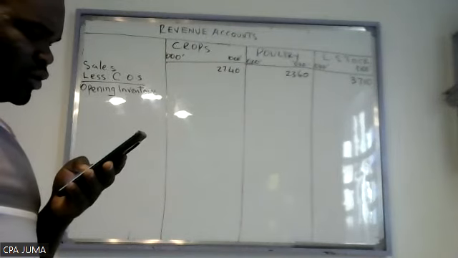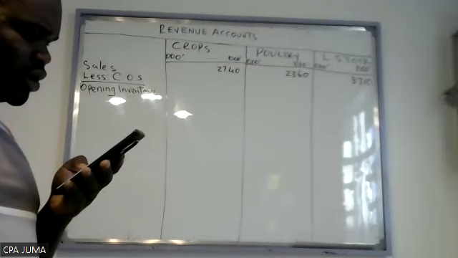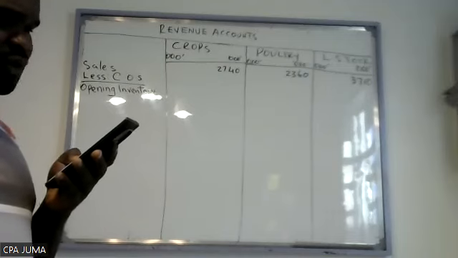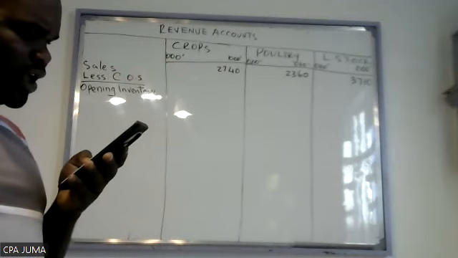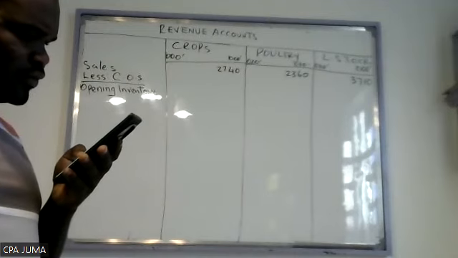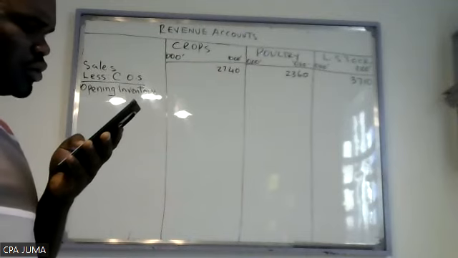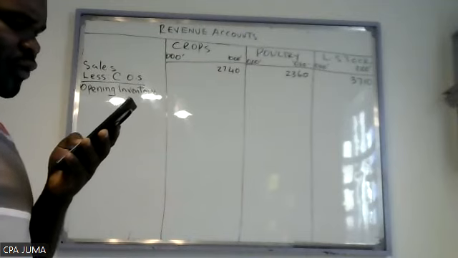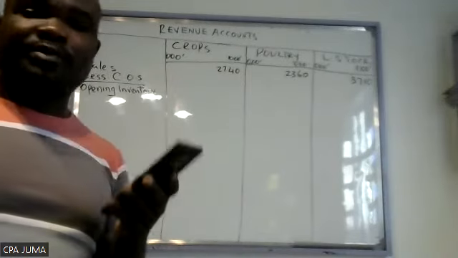Fertilizers 50. Poultry, dairy. These are two. 350 plus 120 plus 80 plus fertilizer. Fertilizer is 110. Yes, fertilizer is 110. So it is 350 plus 120 plus 80 plus 110.